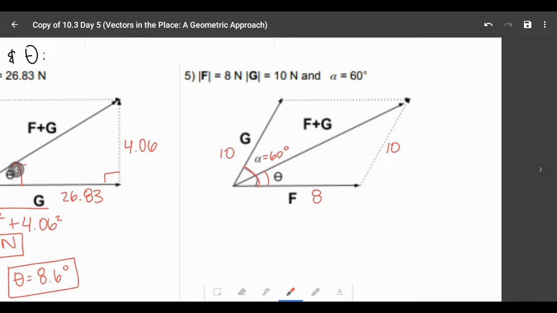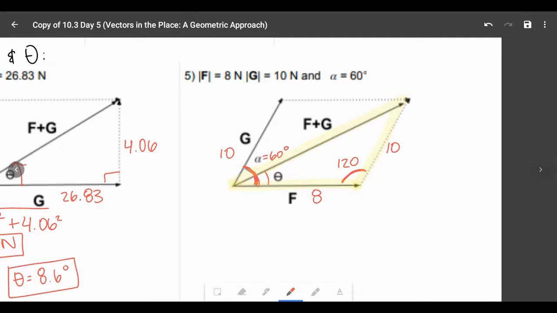Okay, so for this one, think back to your properties of parallelograms. If this bottom left-hand angle is 60 degrees, my bottom right-hand angle should be supplementary to it. So this angle should be 120. Now, if it's easier for you to see if I highlight, we are now going to be using law of cosines for this triangle to find the magnitude of F plus G, because we have a side angle side triangle.